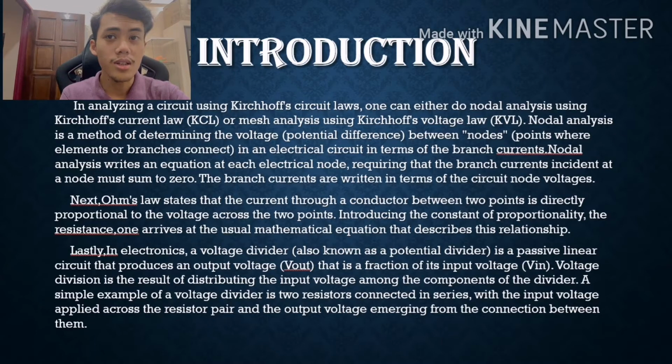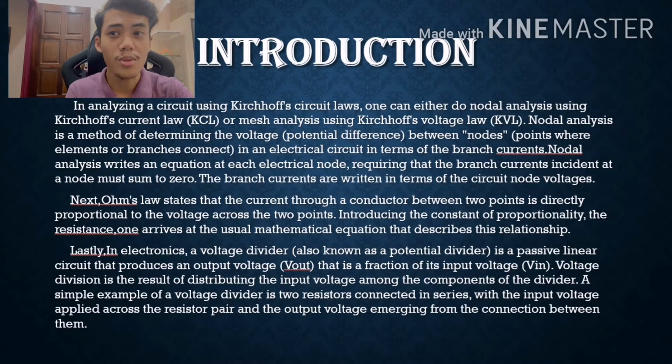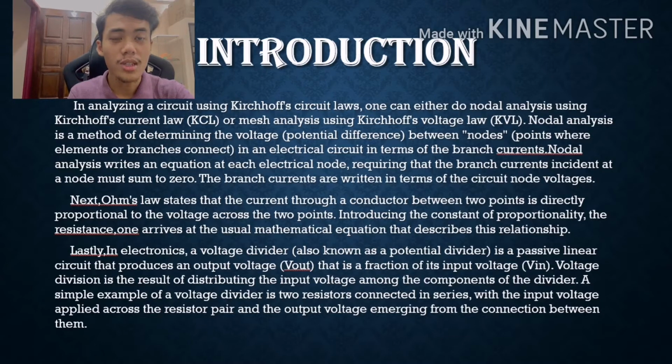Voltage division is the result of distributing the input voltage among the components of the divider. A simple example of a voltage divider is two resistors connected in series, with the input voltage applied across the resistor pair and the output voltage emerging from the connection between them.